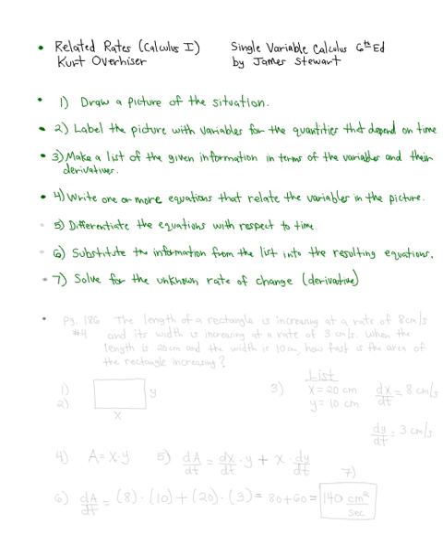Okay, so for step number 4, you're going to write down one or more equations that relate the variables that you labeled in your picture. And this is kind of the trickiest part, because you have to know some basic mathematical principles that will allow you to write down those equations.